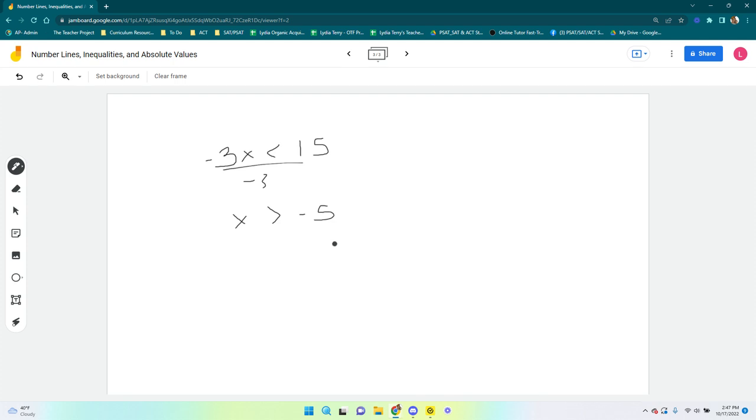That makes sense, right? Because negative 4 is greater than negative 5. But let's try negative 6. -3 times -6 will be 18. 18 is not less than 15. That doesn't work. So if you're having a hard time conceptualizing this, just solve the inequality and then try one number above it and one number below it to get your bearings, if you will.